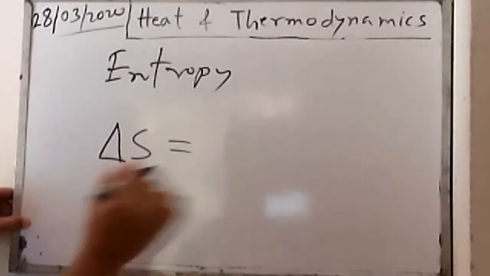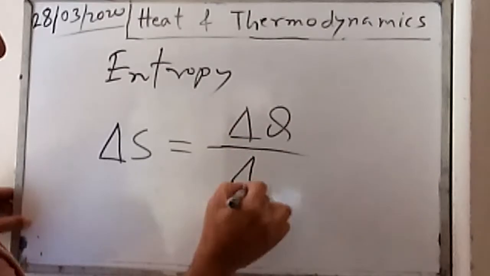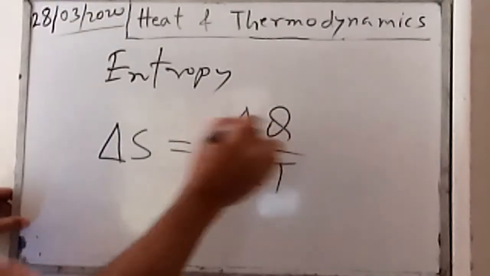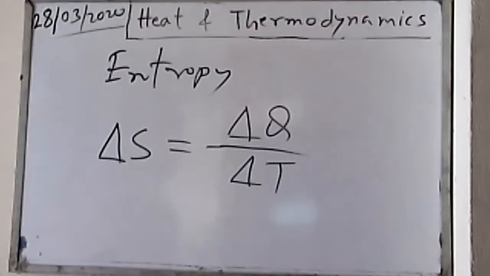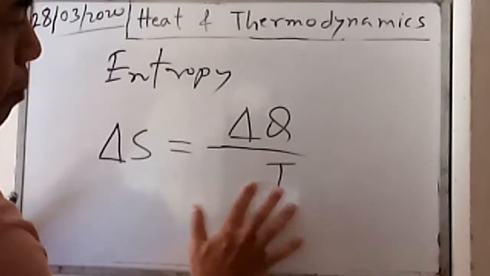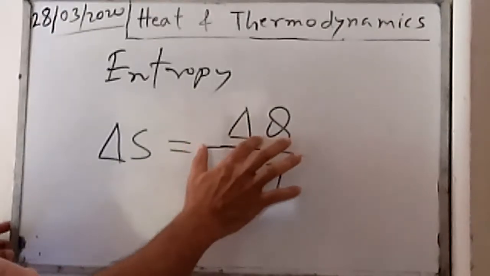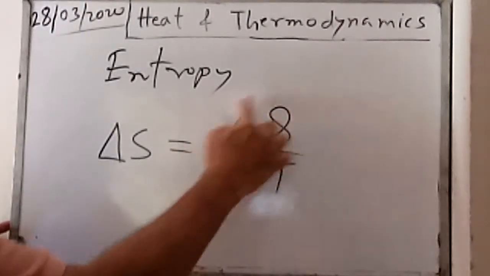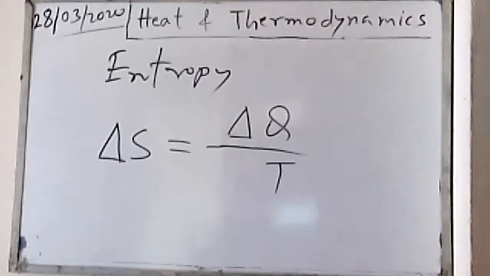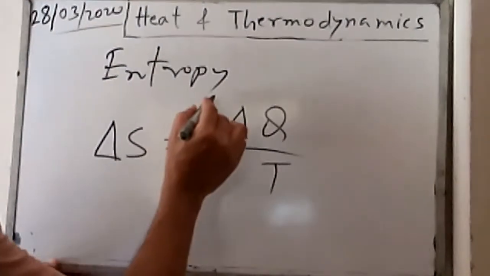this is change in entropy equal to delta Q by delta T. Delta Q means change in heat energy, and you can write the temperature only T. T is the temperature.